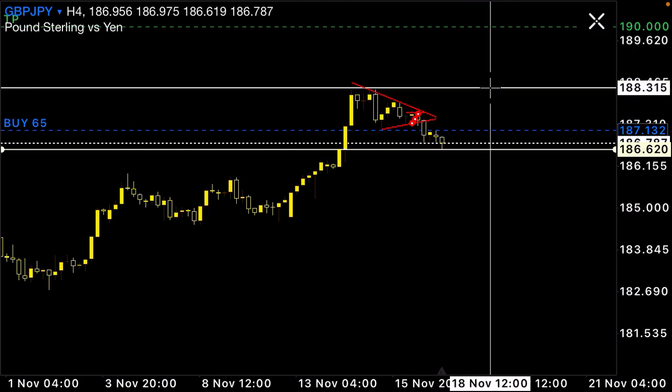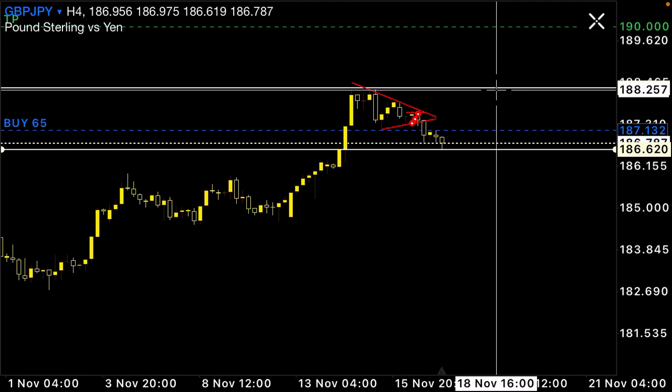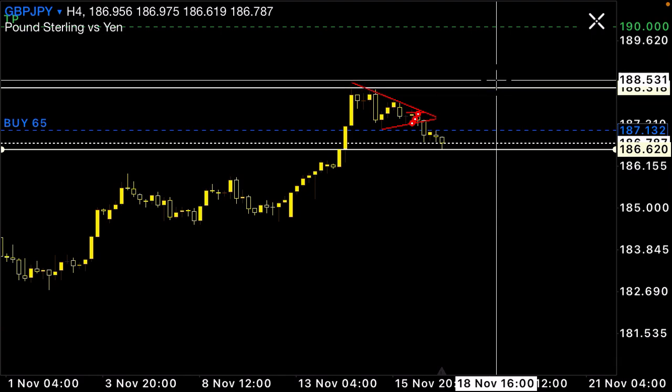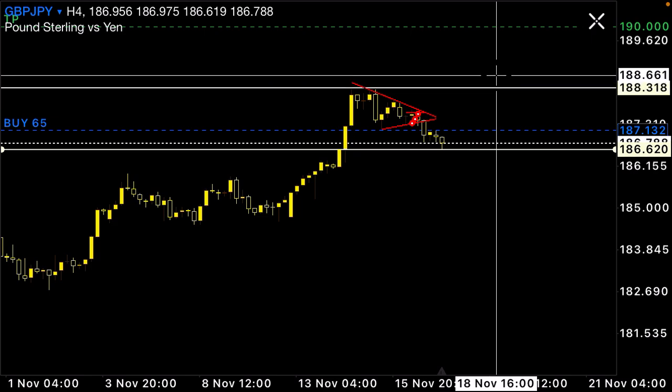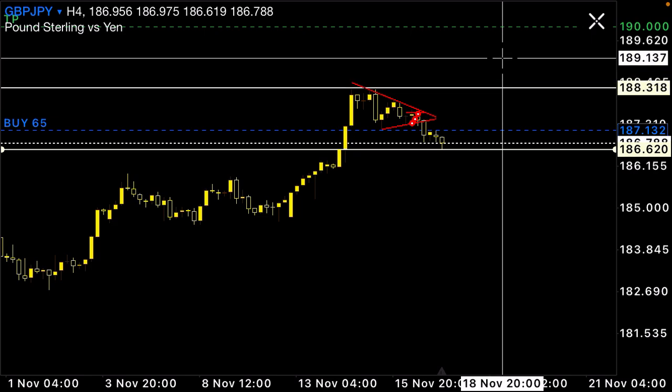So if a guy has $1,000 in the account, then he would calculate the way that the popular calculation is the 30 pip move, if it stops out, is only going to be a 3% loss on the $1,000, which is only $30.